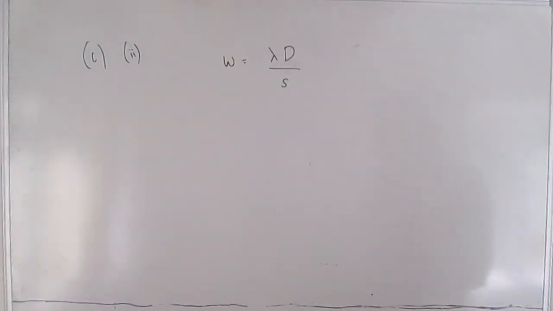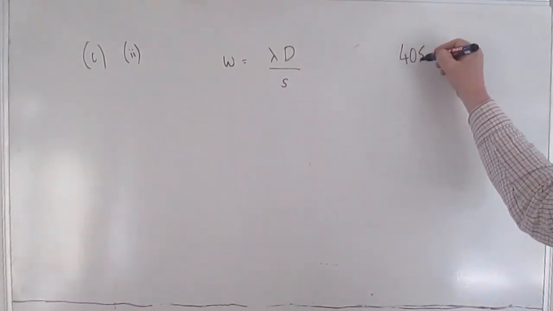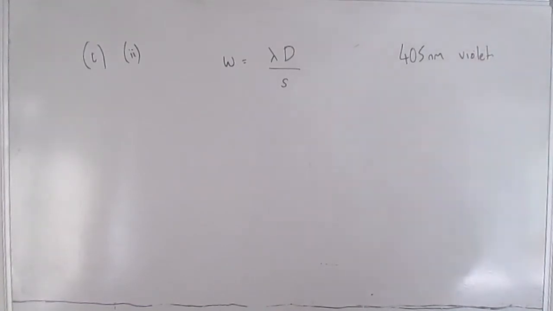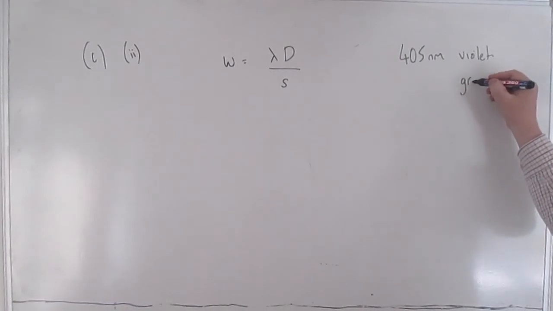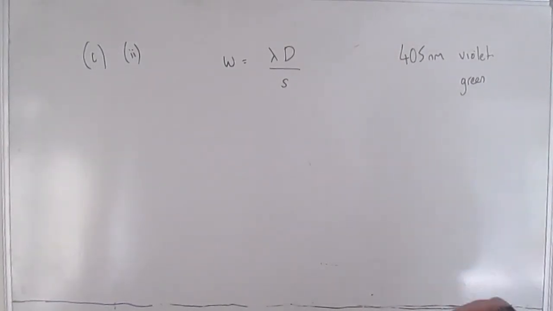So it told us that our original 405 nanometer laser was violet, and it's telling us now in part 2 that we're going to replace it with a green laser. So what's important now is that you know the relationship between colours and wavelengths.